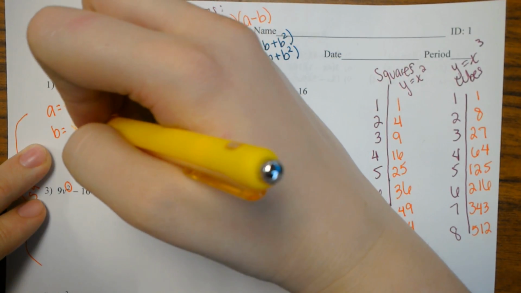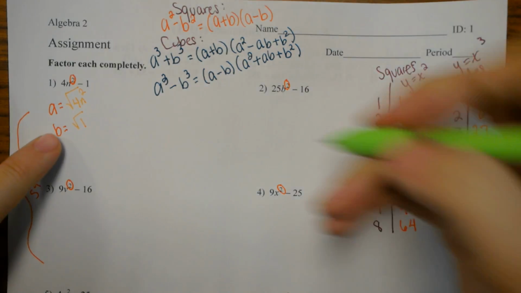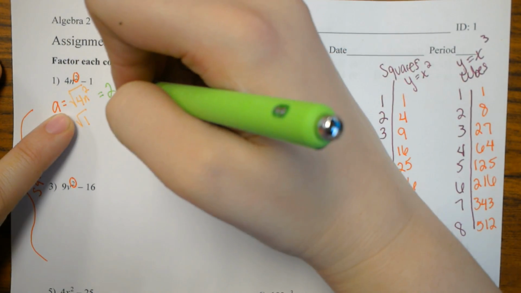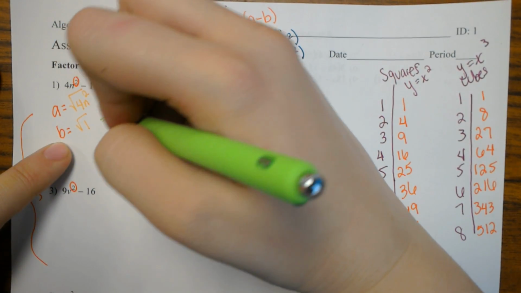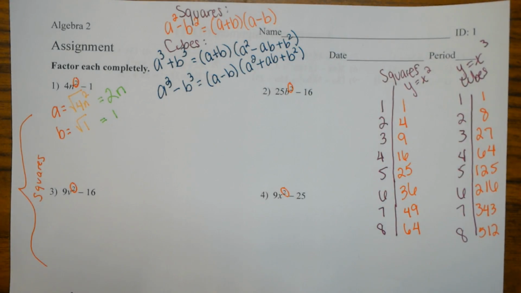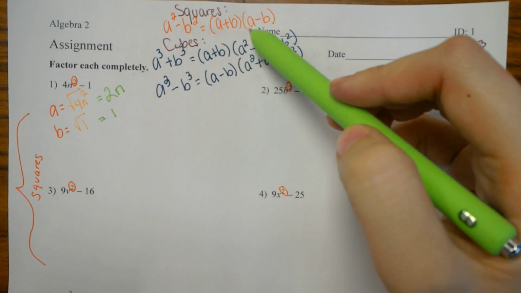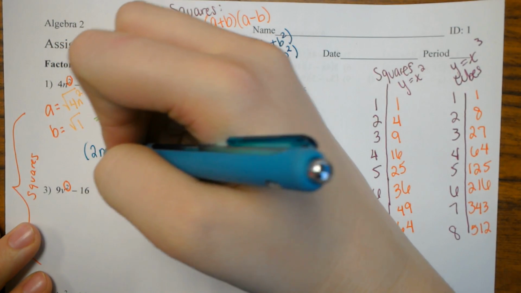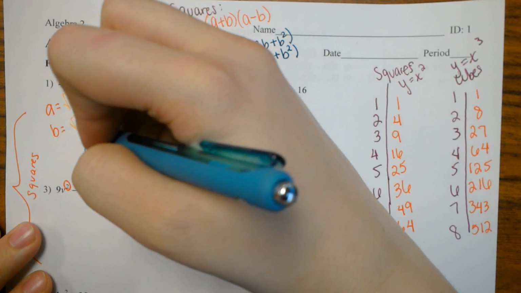B is the square root of 1. So if you square root 4, you get 2. If you square root n squared, you get n. And the square root of 1 is 1. The difference of squares, you add a and b, and then you subtract a and b. And so your answer is 2n plus 1, 2n minus 1.